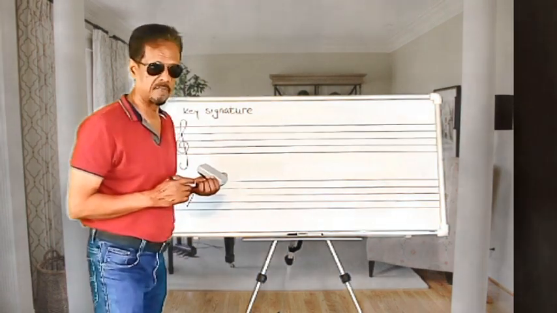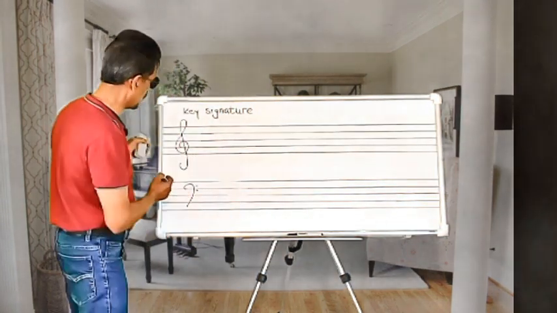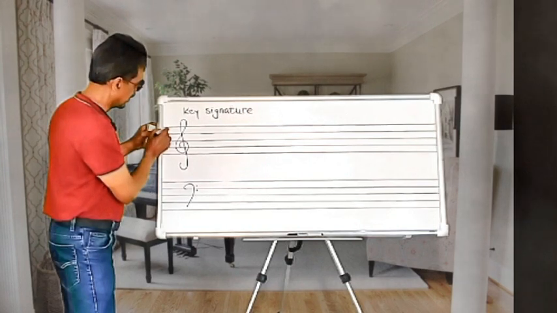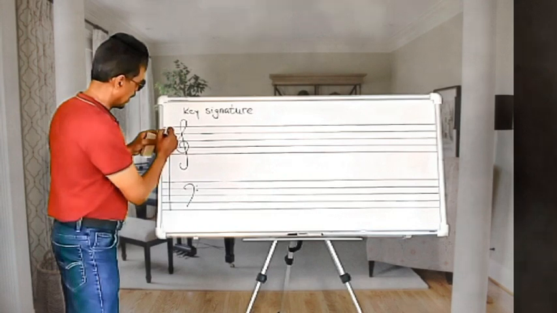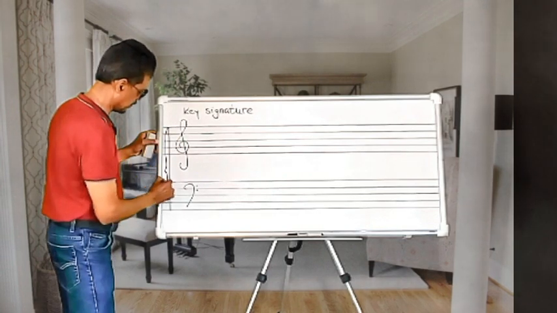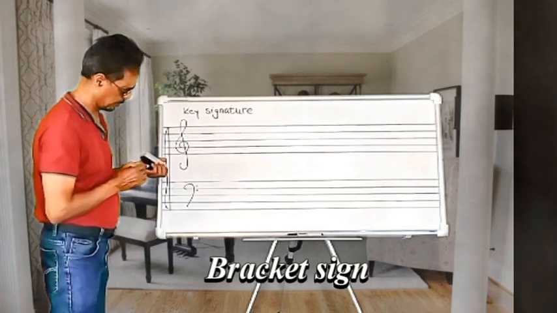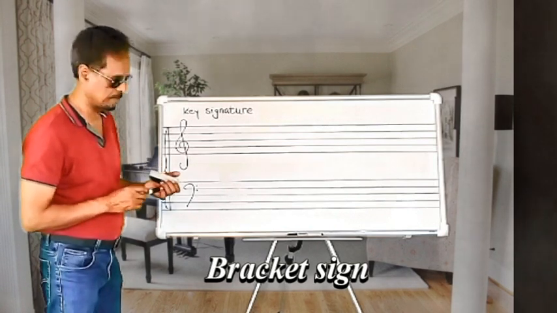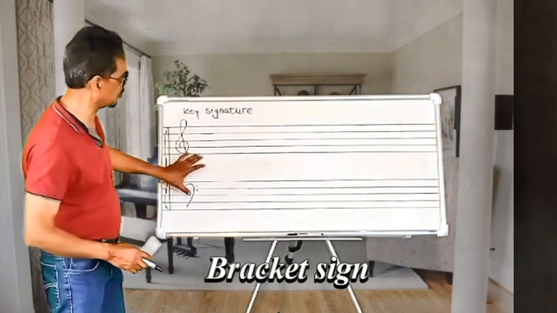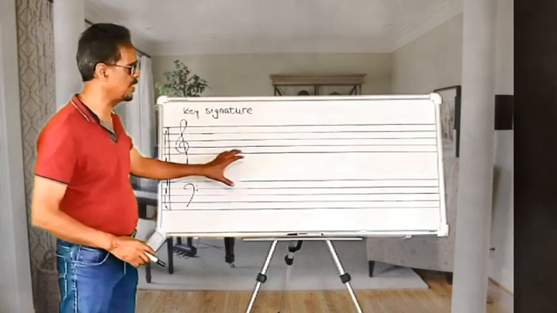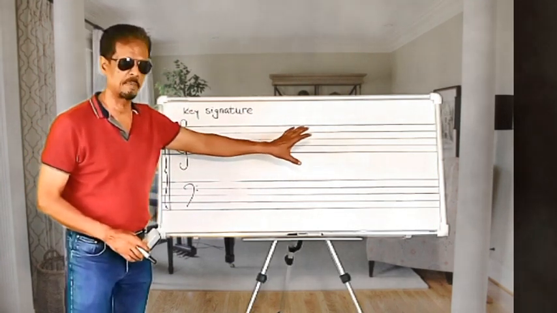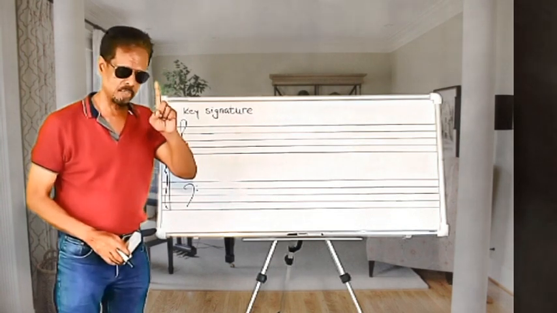And for the piano, it will be two staffs, as I just mentioned, and these two staffs you will find here at the start that there is a line here, and there is this bracket sign, meaning that these two staffs have to be played by only one person.